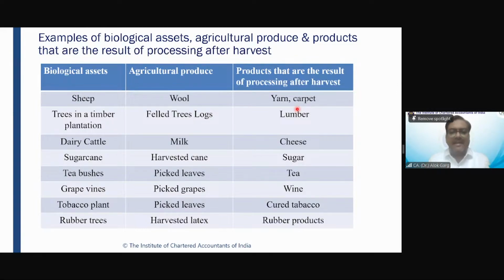So except Ind AS 41, every other standard talks about recognition and measurement at cost, initial recognition at cost, right? But do you have the cost of these mangoes? Do you have the cost of these mangoes? Hemant, yes or no? Yeah, you don't have the cost of these mangoes, right?